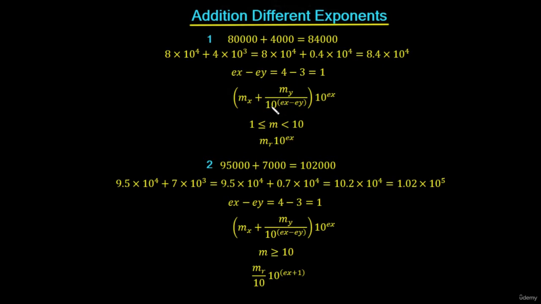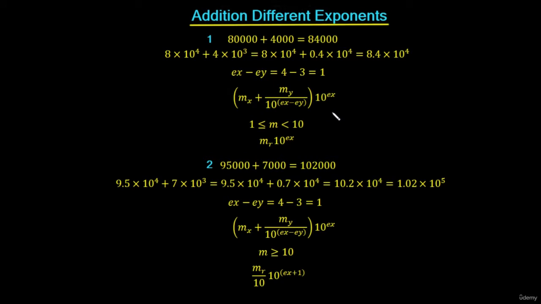So it's 10 to the power of 1 in this instance. So that's just the 4 divided by 10, giving us the 0.4, and the value that we're going to multiply it by is our 10 to the power of ex.